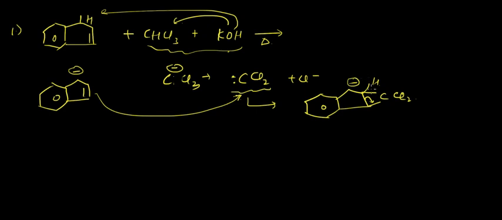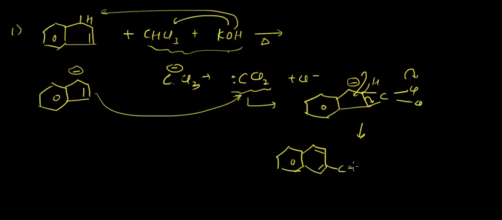We would have rather this bond breaking up, this bond coming and forming a double bond with this carbon atom. Okay, and one of the two Cl would be leaving the compound. Okay, so in the end what will we be getting? We'll be getting something like this, and this bond with Cl.